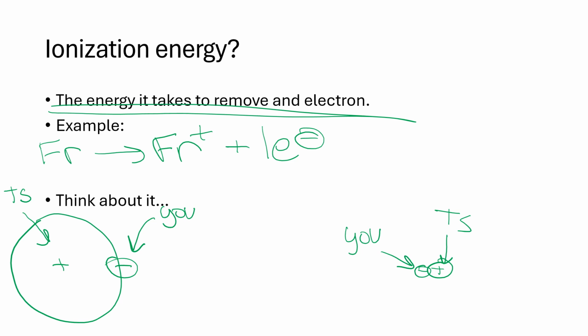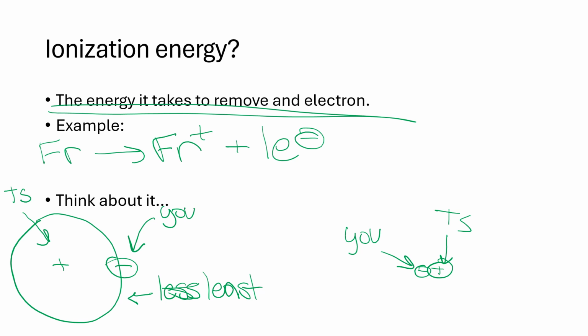Thus, ionization energy, the amount of energy to remove an electron, is correlated to the radius, but it's oppositely correlated. So here, this is going to have the least amount of ionization energy, because it doesn't take a lot of energy to remove that electron since it's furthest apart from the proton.